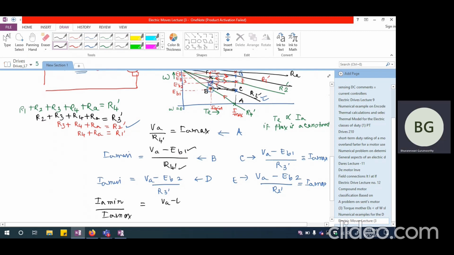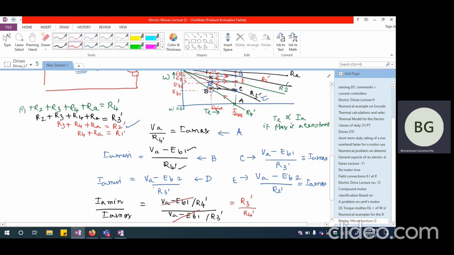And that is divided by VA minus EB1 divided by R3 dash. So I will have this VA minus EB1 and VA minus EB1 cancelling out with each other. So I will get this as R3 dash divided by R4 dash.